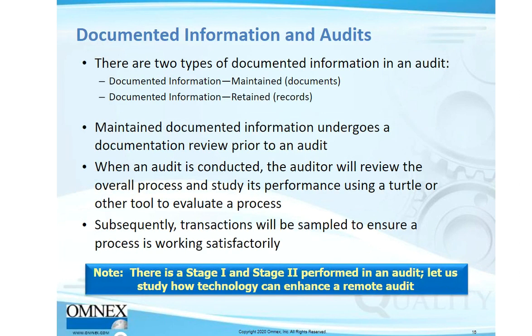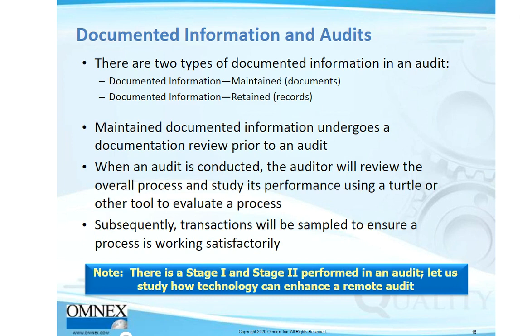As you all know, in documented information 7.5, there are two types of documented information: retained and maintained. When we say maintained, we mean documents, and these are documents that are reviewed prior to the audit as part of the stage one.